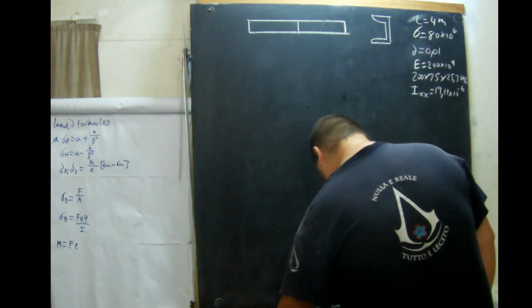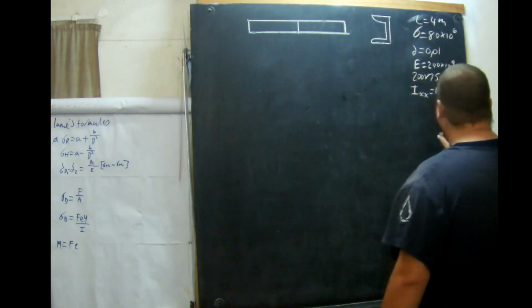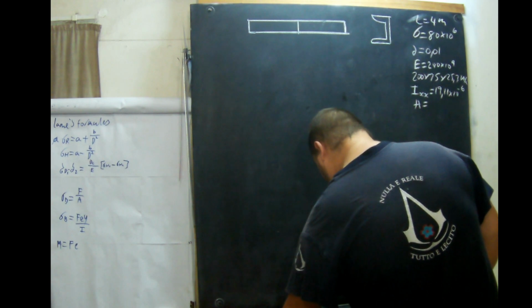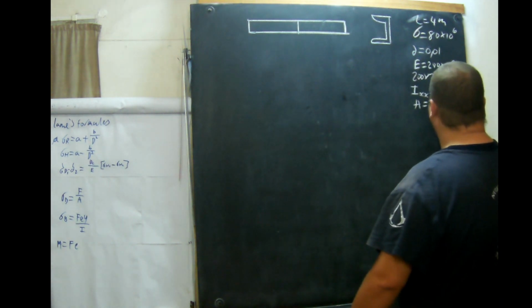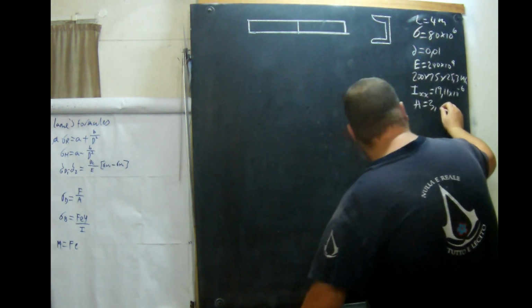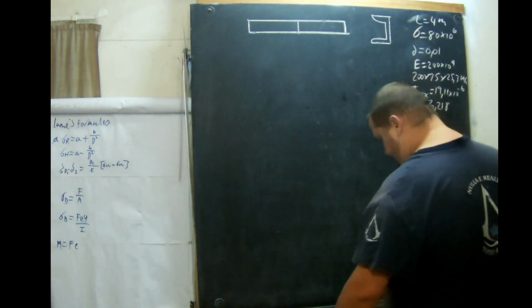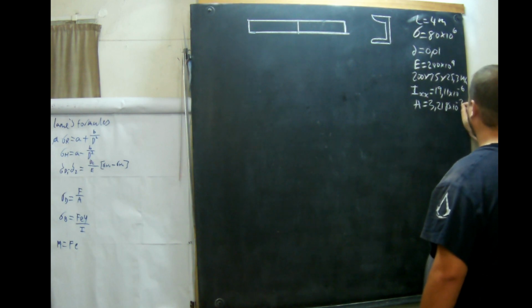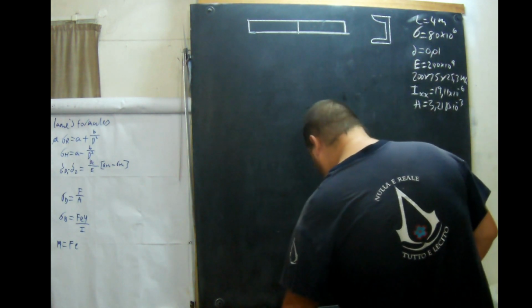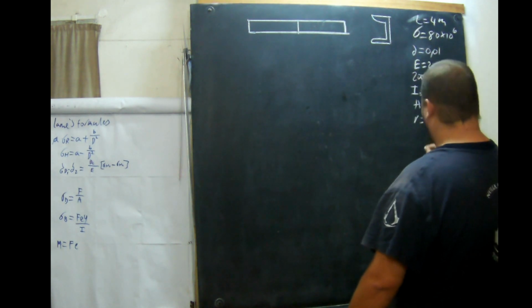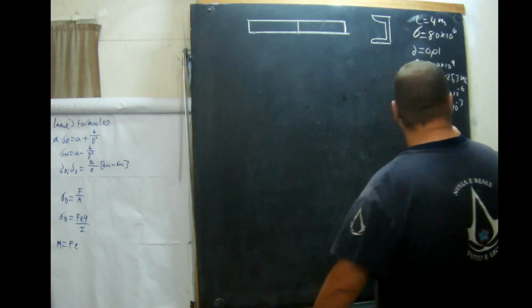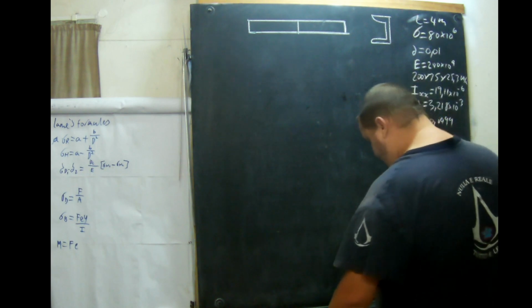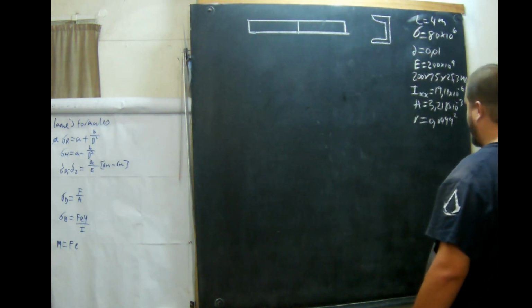A equals 3,218 times 10 to the minus 3. R equals 0.0499 squared.